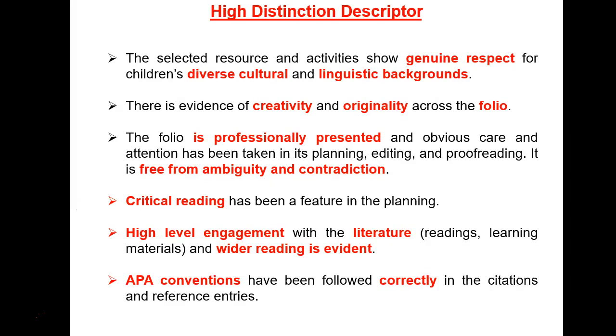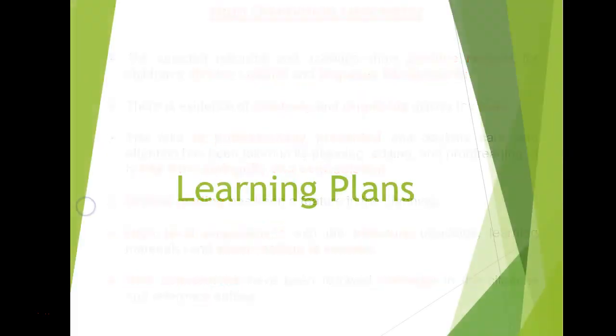And then we've got our high distinction where you really showcase creativity and originality, critical reading, and there's been a lot of engagement with literature. So I'd really encourage you to have a look at these. These are really important, and to have them as your checklist as you are completing your assignment.